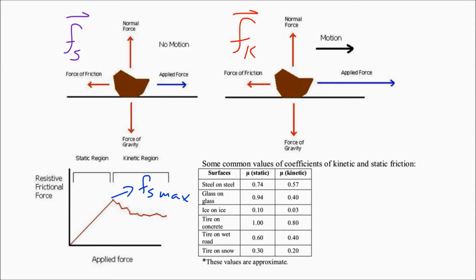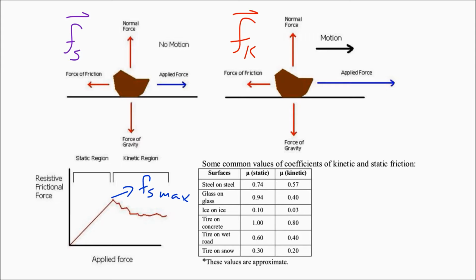And if you'll look down the list for each of them, you'll notice the kinetic friction is always less than the static friction. And you'll also notice that none of these are higher than 1. And so it is very rare. It can happen. You can have a coefficient of friction larger than 1, but it's very rare. It doesn't happen very often.